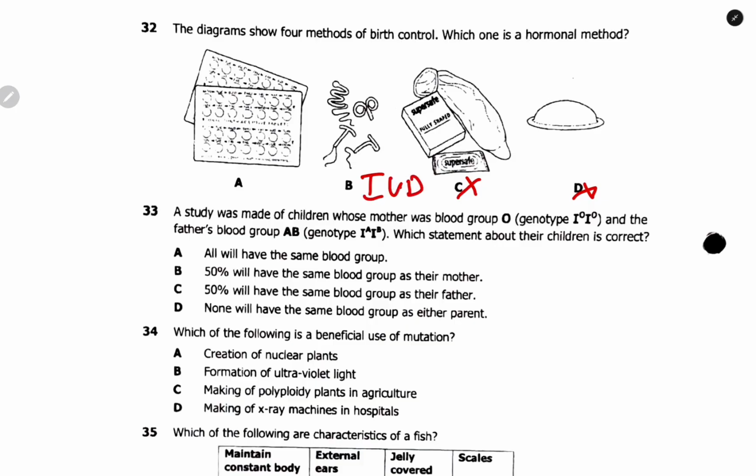This device is normally made of plastic or copper wire and is inserted in the uterus to prevent implantation by irritating the lining of the uterus. So it is not. So A is the answer, which is hormonal. This produces estrogen and progesterone, which prevent ovulation and implantation. So the answer is A.